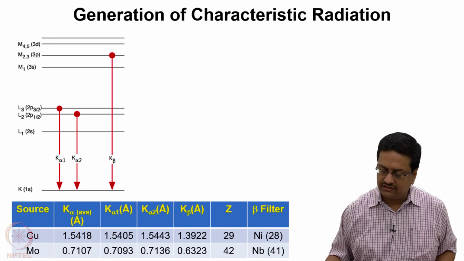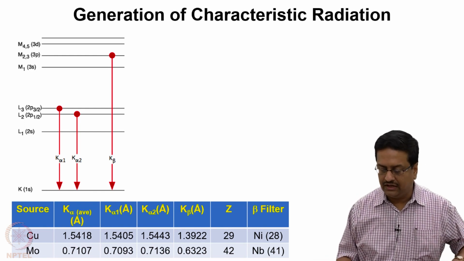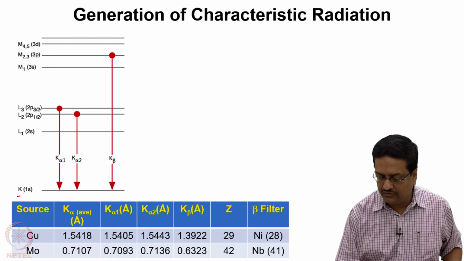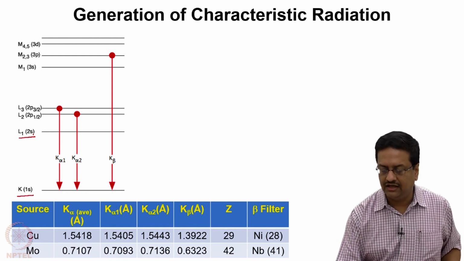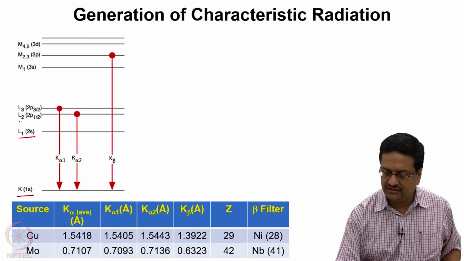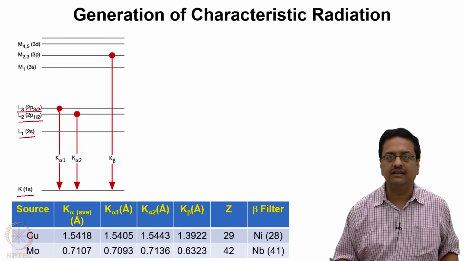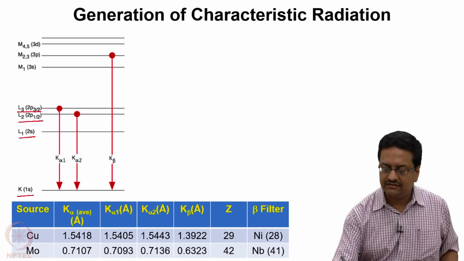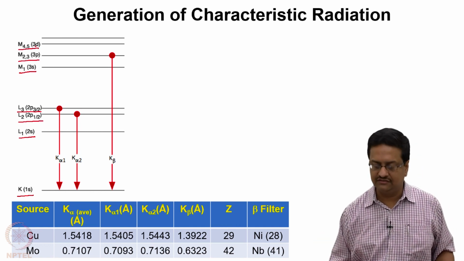See this here, the energy level diagram shows that the 1s shell has the lowest energy, 2s has a slightly higher energy, and 2p has two levels, 2p 1/2 and 2p 3/2, from where the electrons would jump, and the next higher levels are at much higher energy, corresponding to 3p, 3s and 3d orbitals.